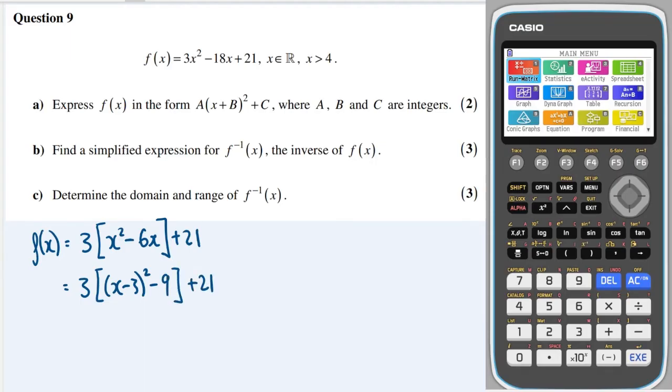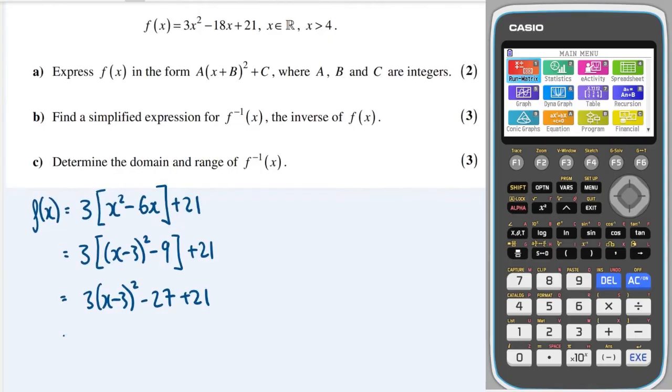Plus 21. I multiply out the bracket by 3, and the minus 9 by 3. So I get 3 times (x minus 3) squared minus 6. And that's part A.